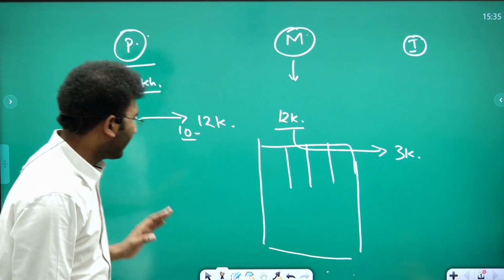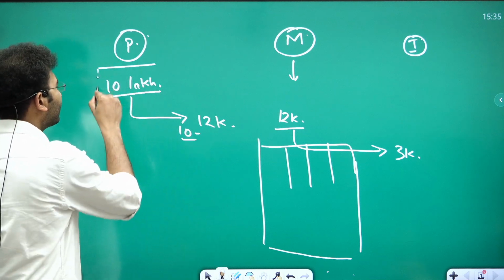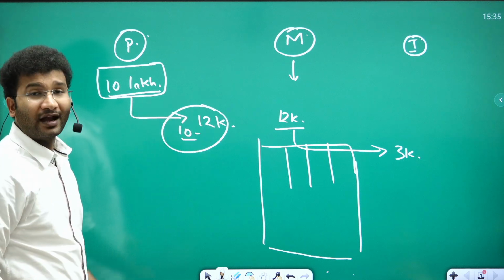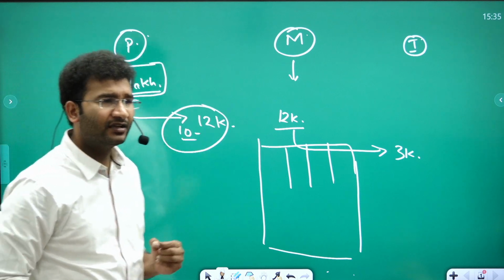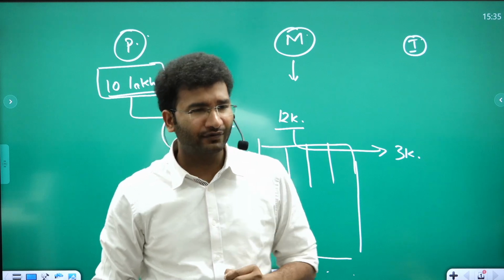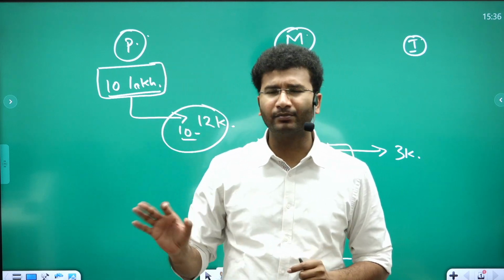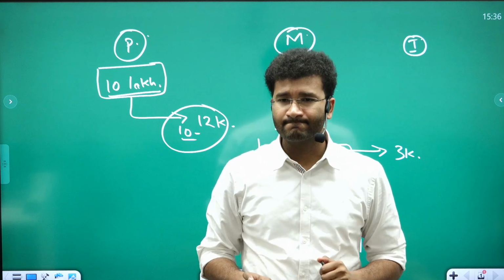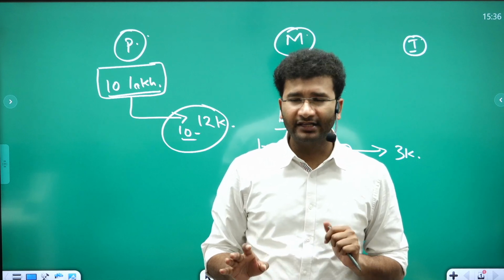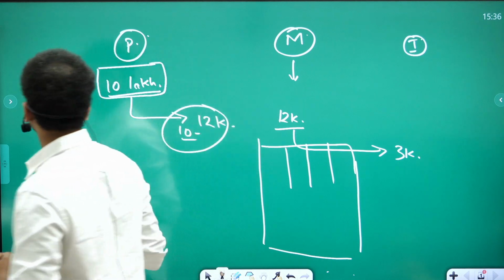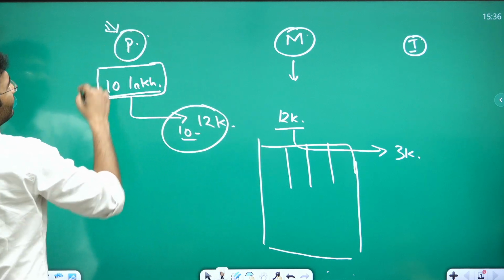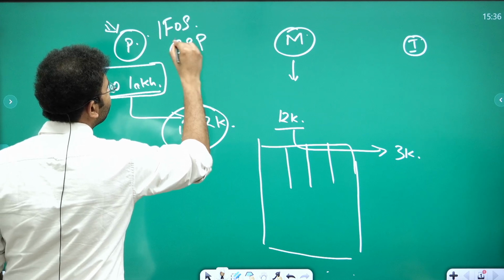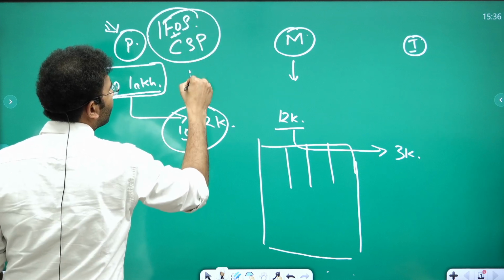Look, every year on an average this 10 lakh people write the exam, and out of that 10 to 12k clear. And in this, students who have geography as an optional are the highest number who will be clearing their prelims. Why? Can anyone tell me? It is because at the preliminary level you have the Indian Forest Service and Civil Services prelims as a common preliminary exam.